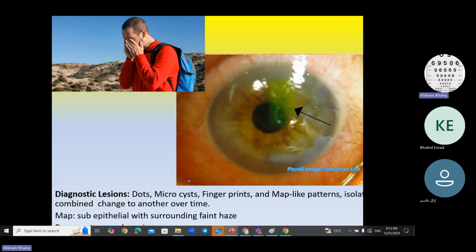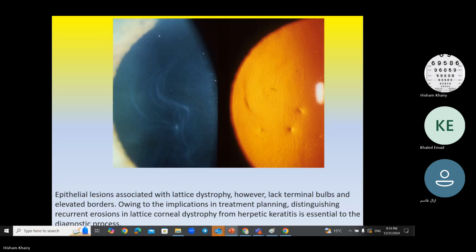When using high magnification, you can think that the map is subepithelial with a surrounding faint haze. Sometimes lattice dystrophy has epithelial lesions.